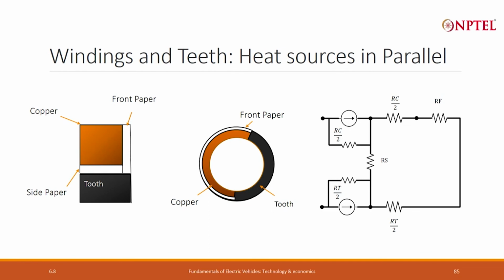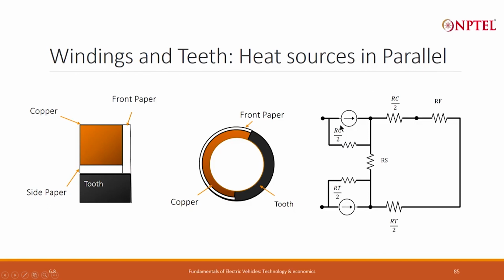So, based on the area ratio between the teeth and the back iron, I can estimate what fraction of the steel loss is coming from the teeth and what fraction is coming from the back iron, and I can apply that magnitude to the total steel loss and know what is the heat getting generated here.